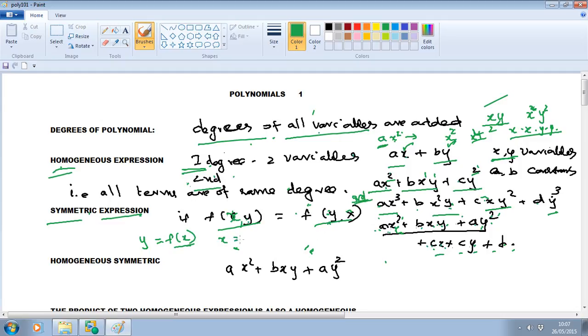Suppose x is equal to f of y, then it is symmetric. In these cases, we will be utilizing these properties of symmetry. So this we will discuss later.